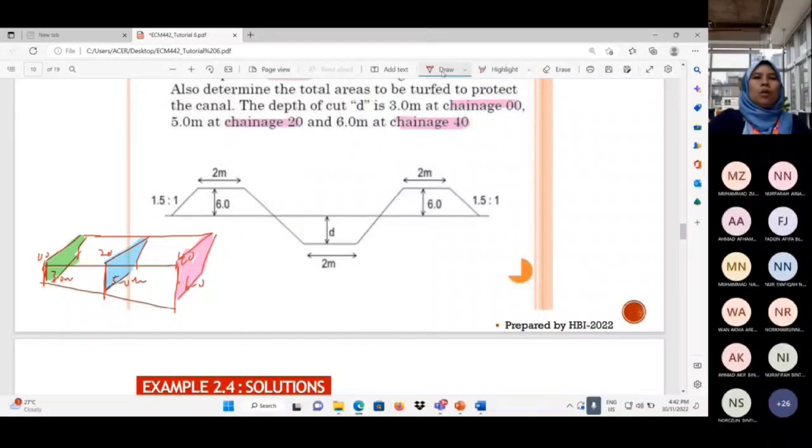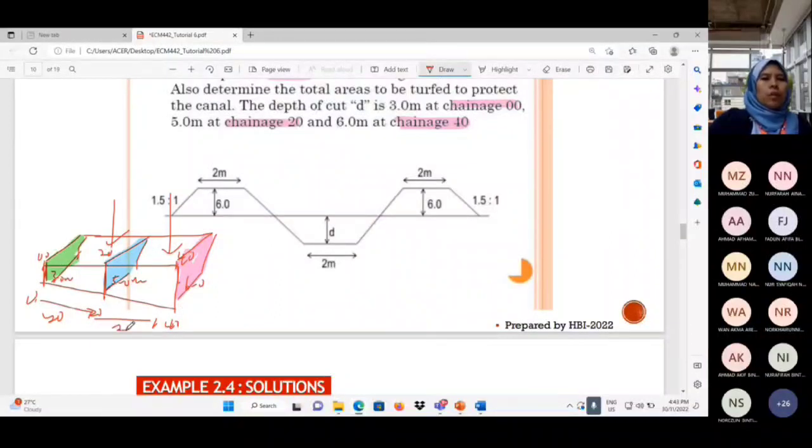Okay, so we know that you want to calculate this volume of soil. Tapi kita tahu bila mana depth berbeza, surface area you berbeza. Tapi kita tahu the length is 40, 20, 0, 20, 40. So meaning to say that your length is 20 and also 20. Daripada chain H 0 ke 20, 20 meter. Chain H 20 ke chain H 40, another 20 meter.